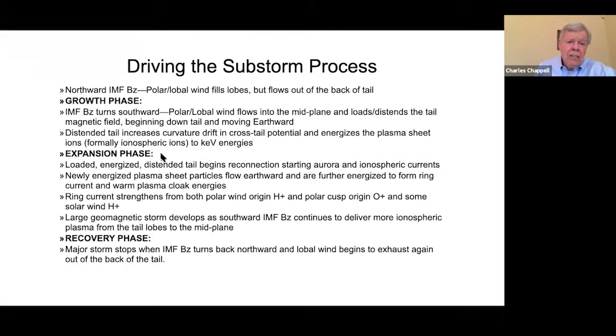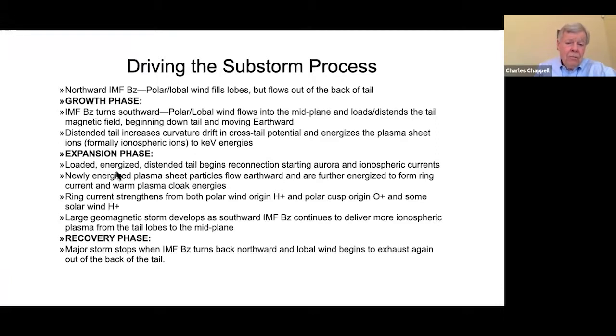So here's the process. Northward Bz fills the lobes, but it's flowing out of the back of the tail. The growth phase is when Bz turns southward, and these flows are put into the midplane where they're energized and they stretch the tail. The distended tail increases the curvature drift and the cross-tail potential and energizes the ions.